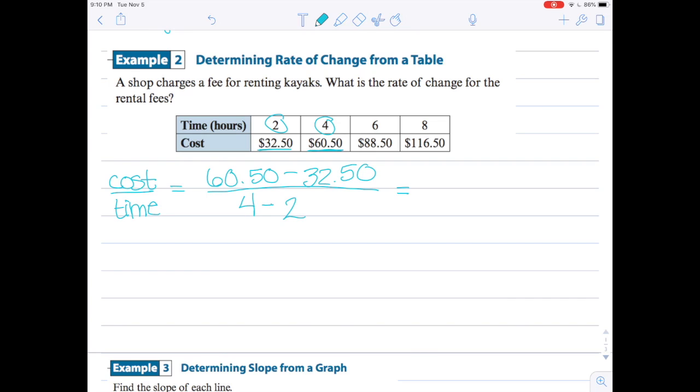If we subtract $60.50 minus $32.50, that will get us $28. 4 minus 2 will leave us with 2 hours. So the rate of change here is $14 per hour. And there we go. That is it for rate of change.